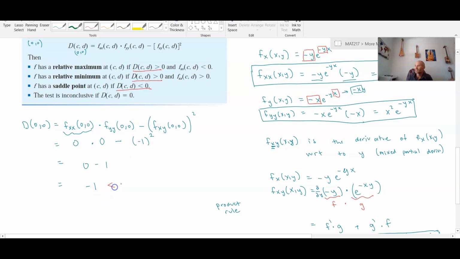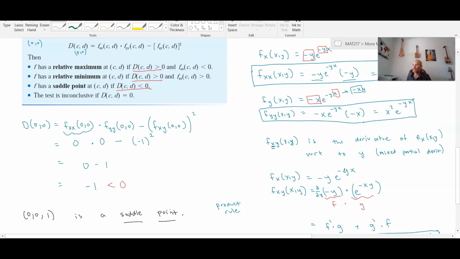This is less than 0. That's negative. So we would say that f has a saddle point at that location. So 0, 0, our critical point, is a saddle point. So it's not a minimum, it's not a maximum, it's called a saddle point.